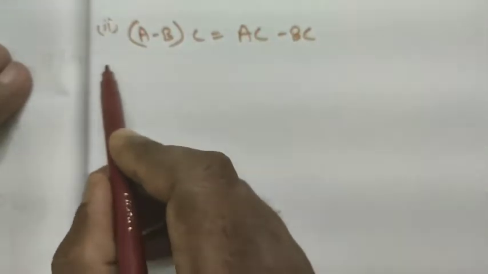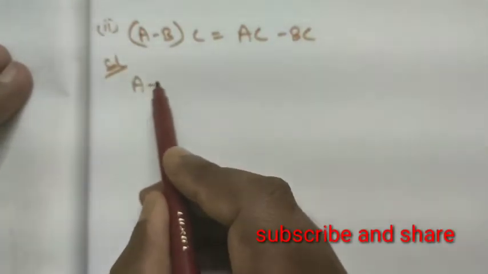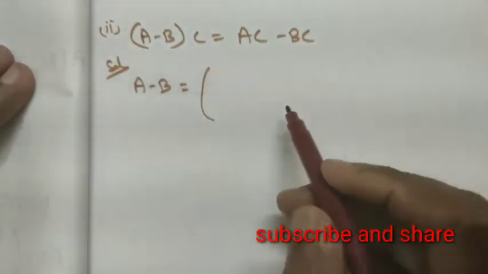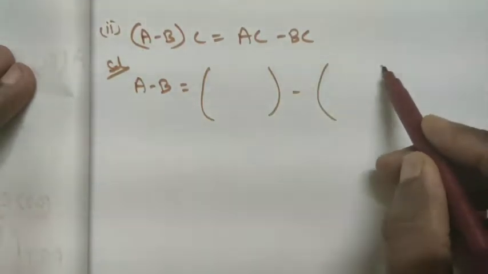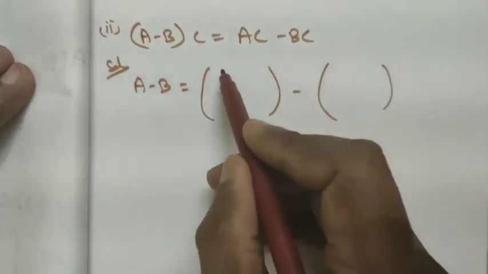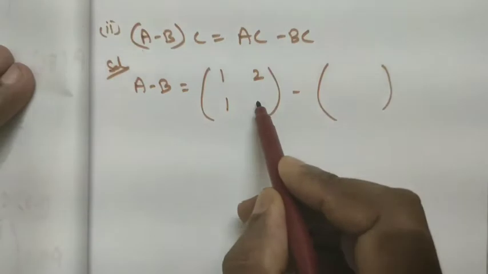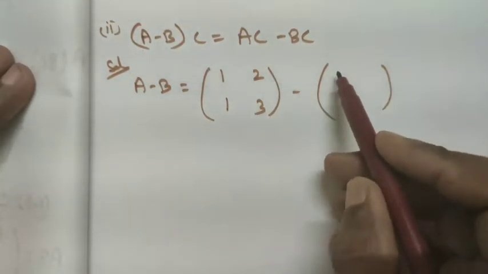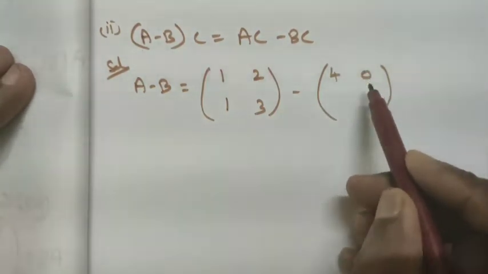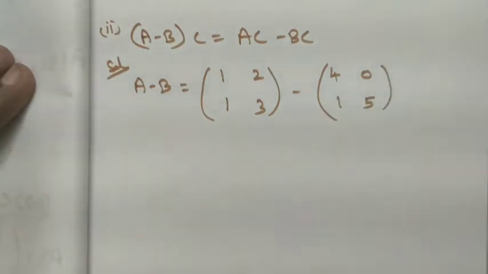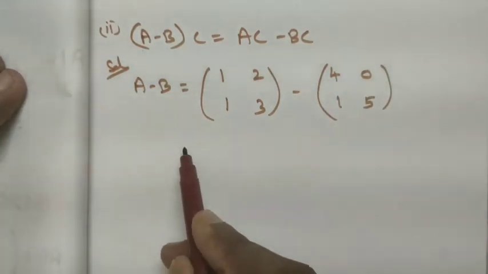First, inside the bracket, I am going to find out what is A minus B. That is the matrix A minus the matrix B. The matrix A is given as 1, 2, 1, 3, and then matrix B is given as 4, 0, 1, 5. Now we want to subtract this.